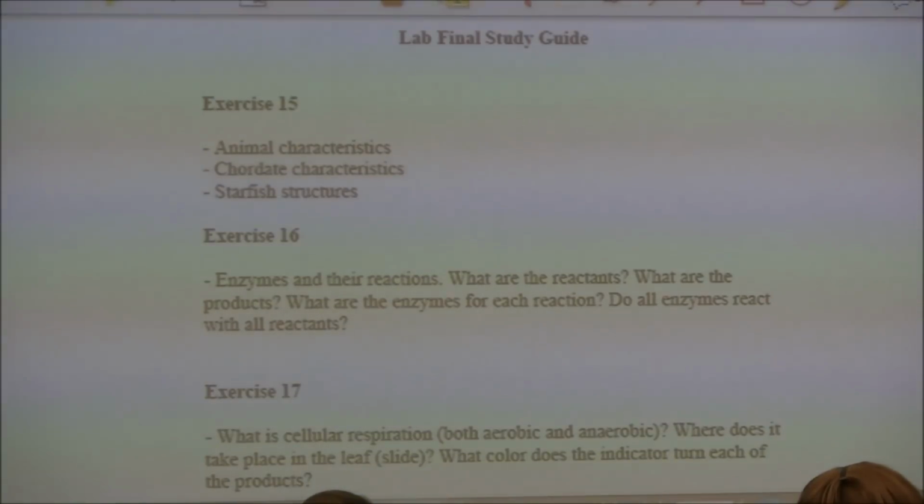That's the only one we still have as humans. Okay, starfish structures. That's the dissection that we did, the pictures.